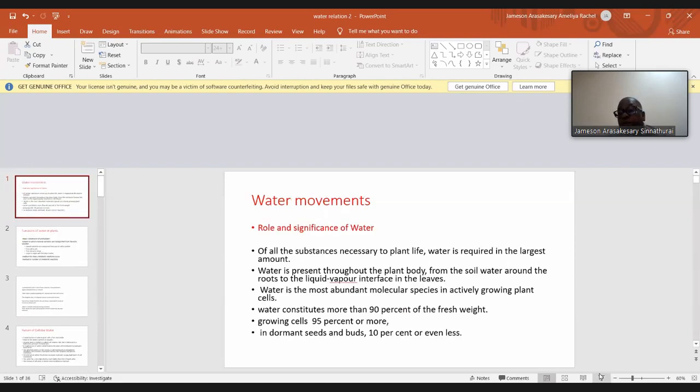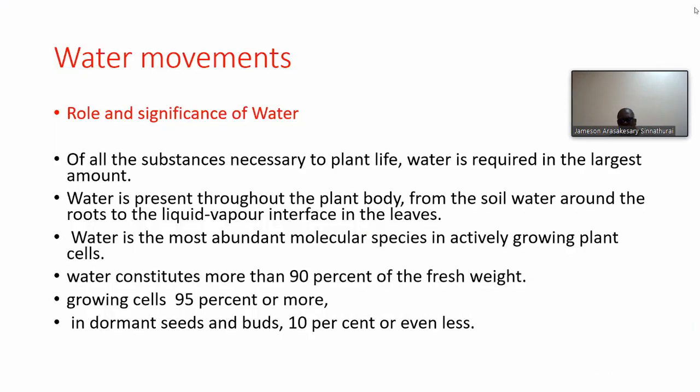Okay. So now we are going to study water movement. What is the importance of water, and what is the water doing? You will see one by one that it is the most required material in plants.